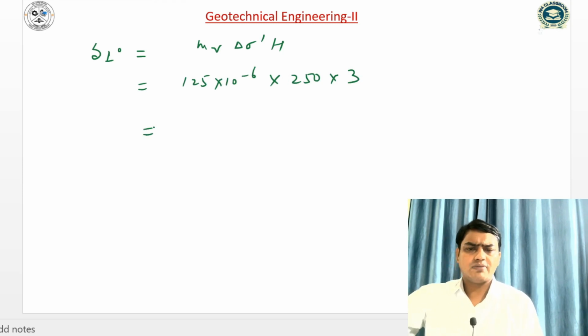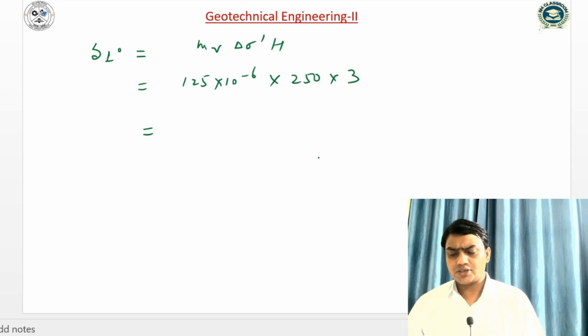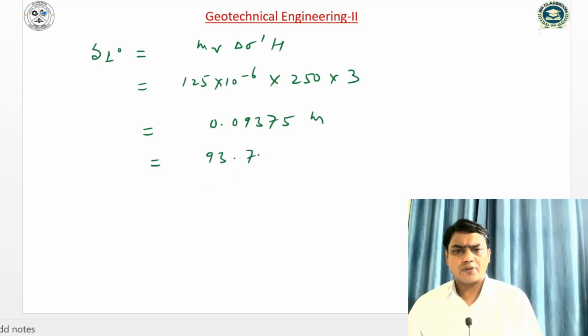So the settlement will be 125 into 250 into 3 into 10 to the power minus 6, so it is 0.09375 meter. If I convert to mm, it is 93.75 mm. 93.75 mm is the primary consolidation settlement.